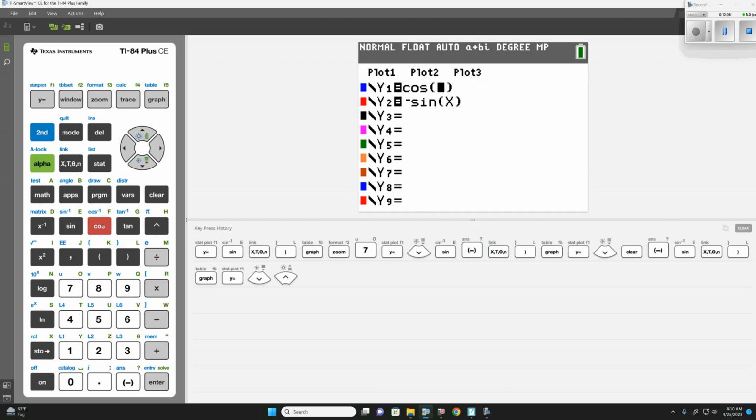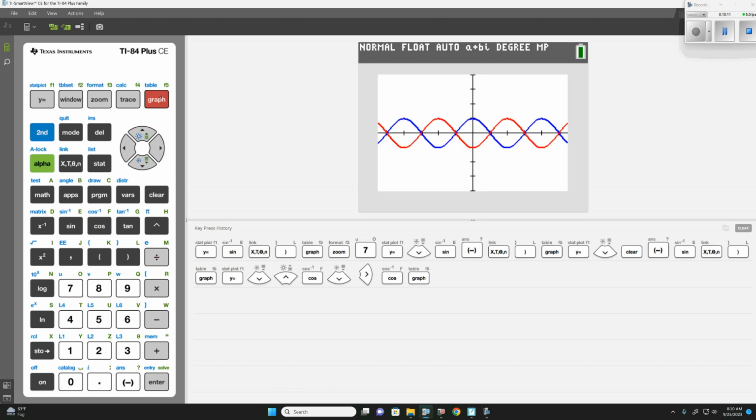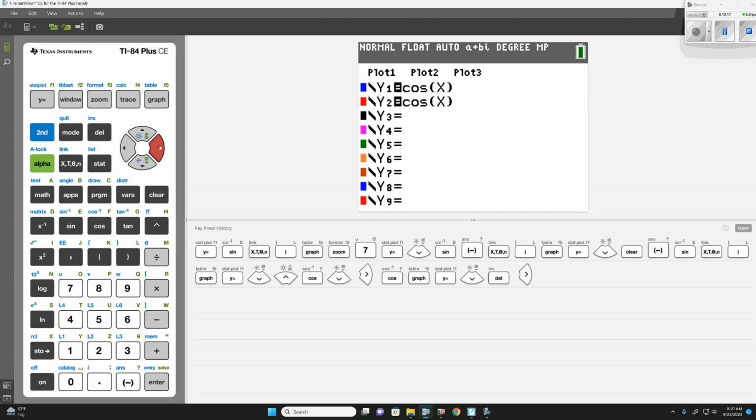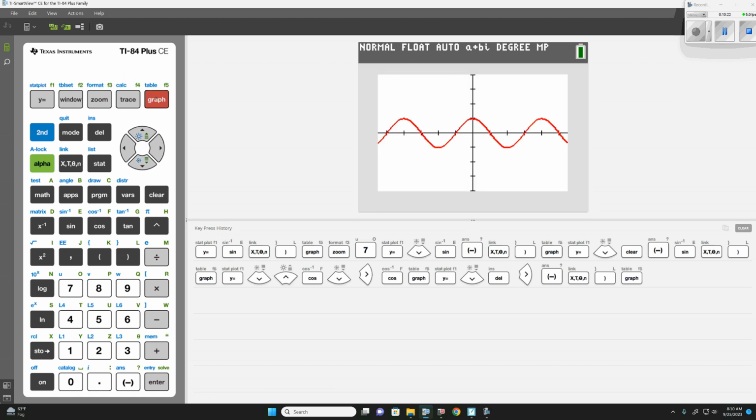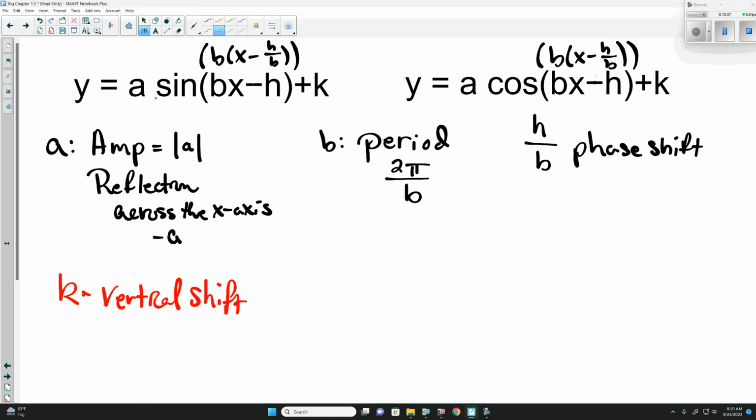And we can look at cosine, reflected across the x-axis. Now, a negative inside of the parentheses is reflecting it across the y-axis. And there's actually a reason for this, because I wasn't planning on talking about this.